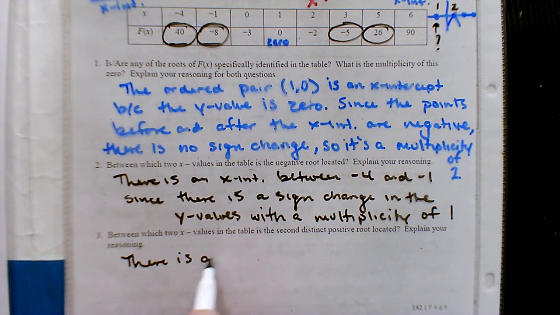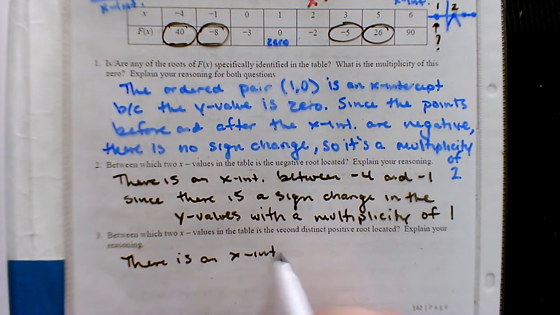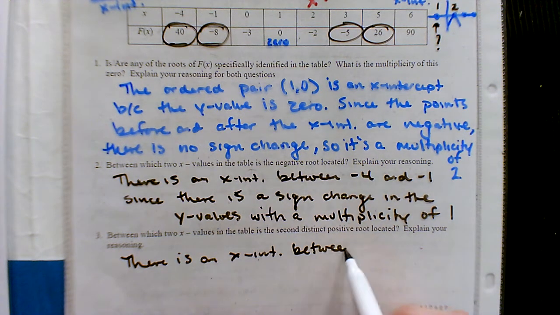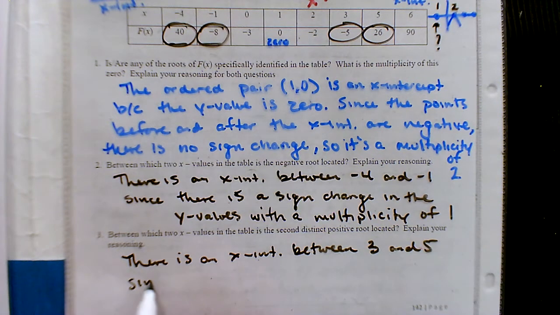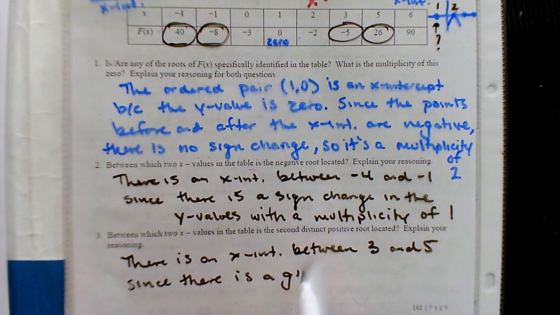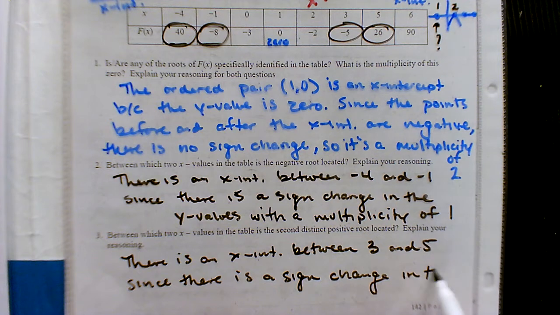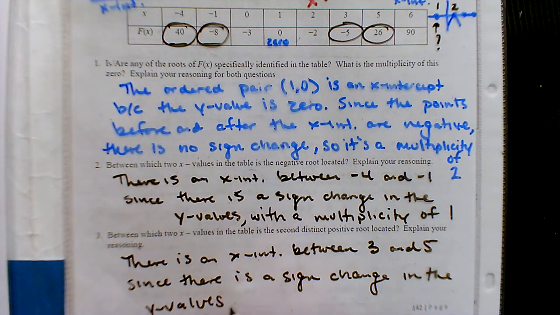So there is an x-intercept between 3 and 5. Since there is a sign change in the y values, can we figure out the multiplicity of this one?